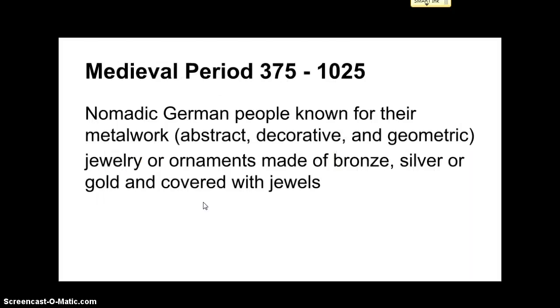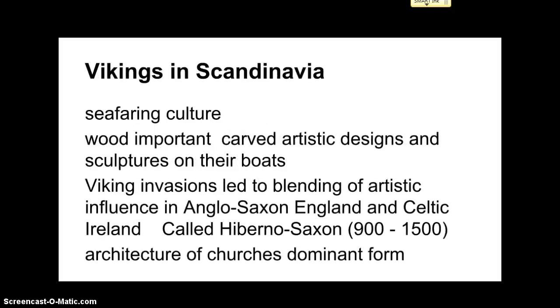The medieval period, 375 to 1025. The nomadic German people are known for their metalwork. It's abstract, decorative, and geometric. You'll see jewelry or ornaments made of bronze, silver, or gold and covered with jewels. The Vikings in Scandinavia, we know, had a seafaring culture.